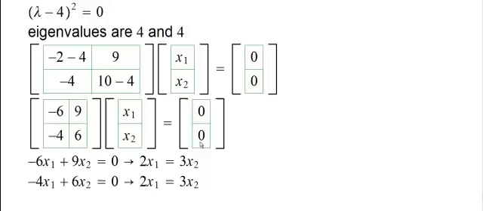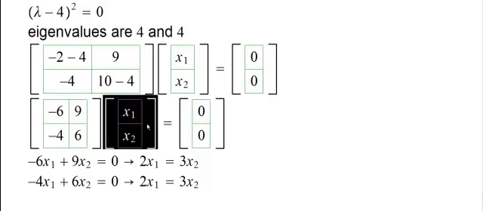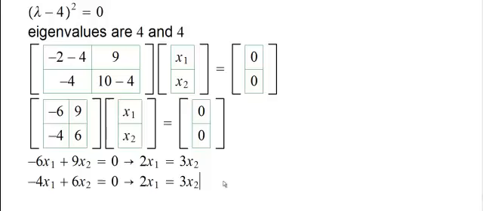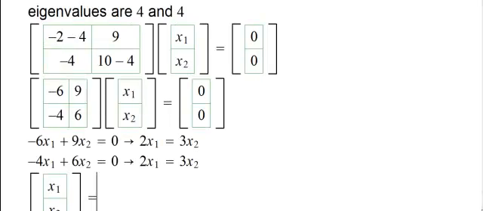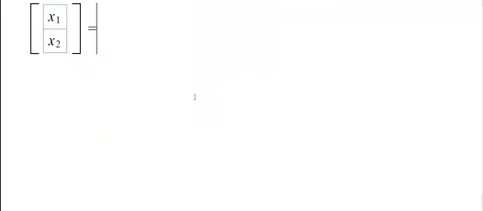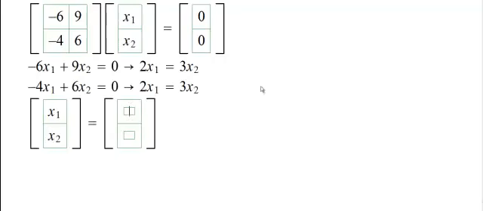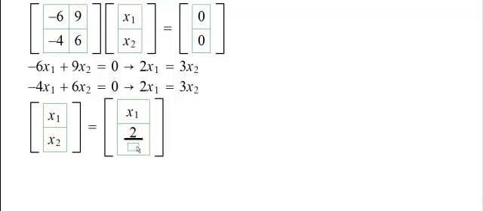Everybody clear? Okay, because if you look at this eigenvector right here, this can be written as x1 here, and x2 is 2 thirds x1, right?